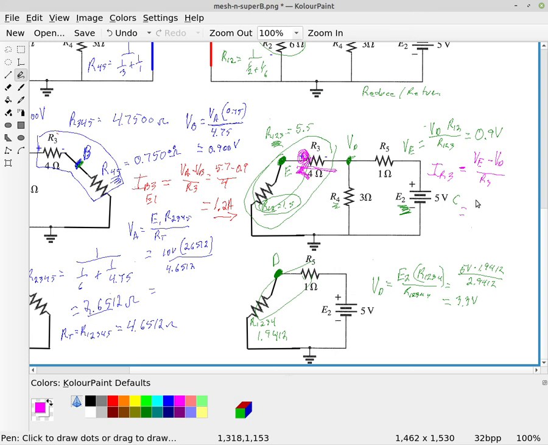And so we have VE, which was only 0.9, minus voltage at D, which was 3.3.